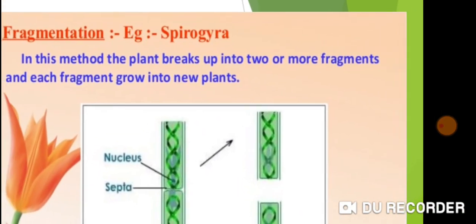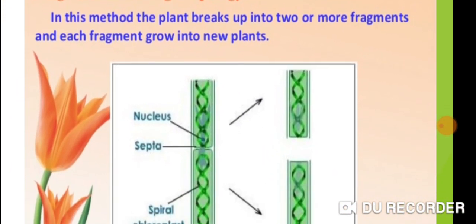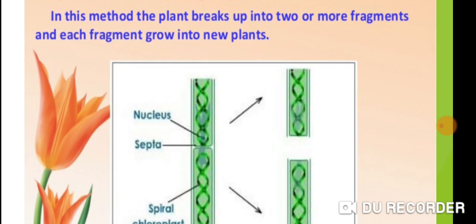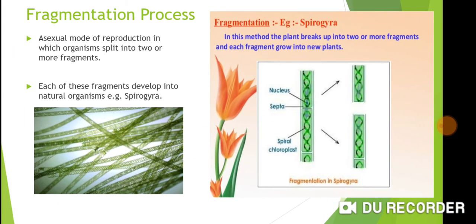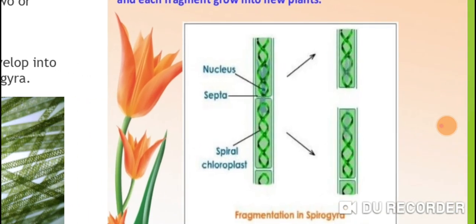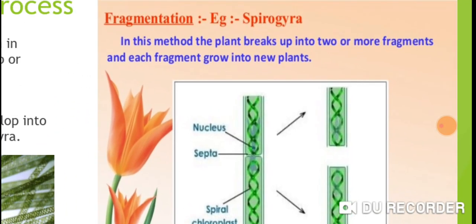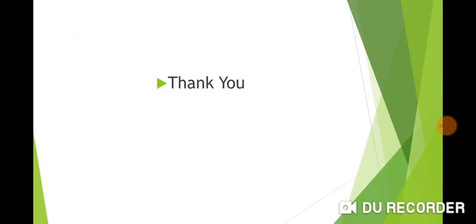Here I would like to show you, if a Spirogyra is cut into two parts, it has chloroplast inside it and a nucleus in every cell, and it can regenerate and give birth to another individual. This is a fragment of Spirogyra. So this is another process of reproduction or growth.